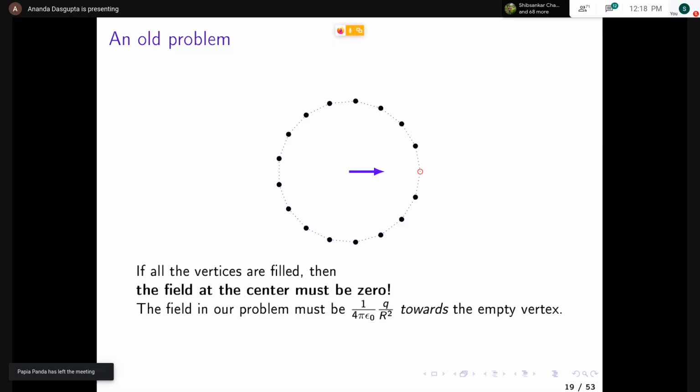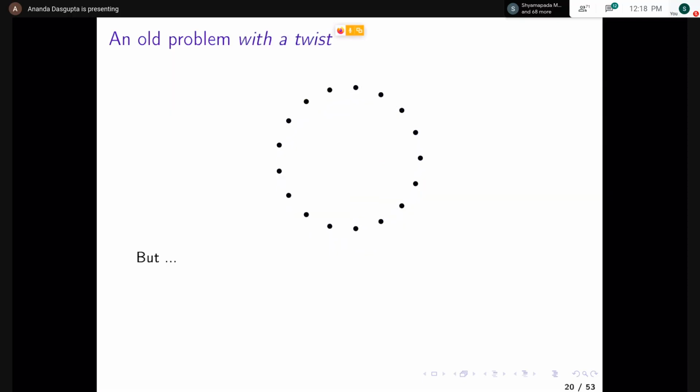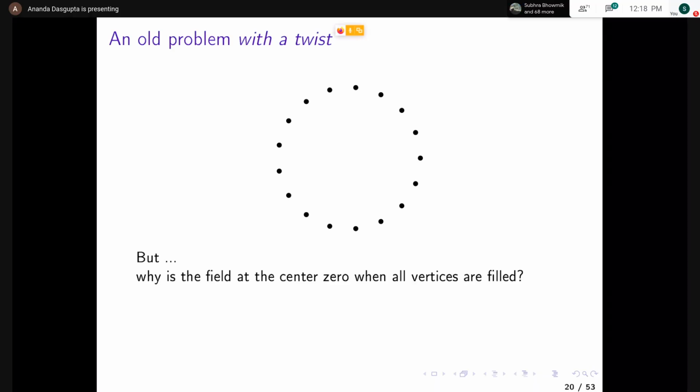And a pretty easy one. I'm pretty sure most of you know how to solve this. But now I have a challenge for you. The challenge is the answer to this question, which is taken to be obvious in this 30-second hint of Griffiths. Why is the field at the center 0 when all the vertices are filled?